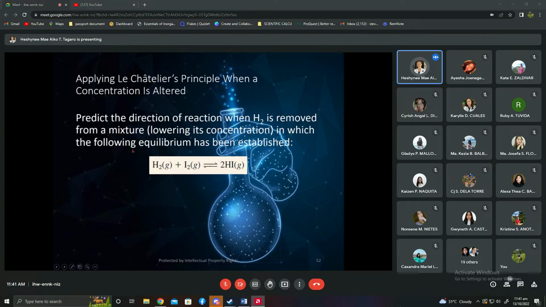From the chemical equation, we see that hydrogen is a reactant. What does it say? Hydrogen is removed. So, since hydrogen is removed, in which direction will the equilibrium shift to counteract this removal of hydrogen?